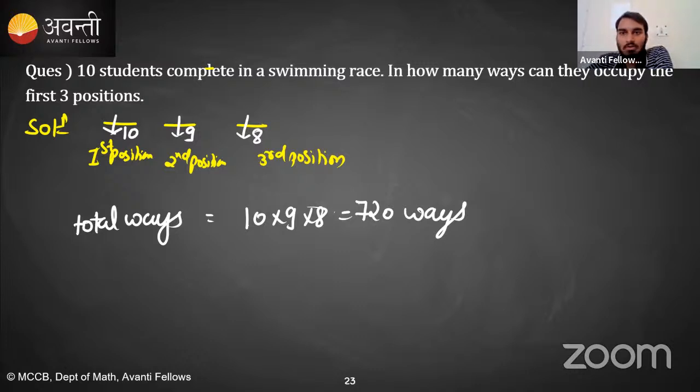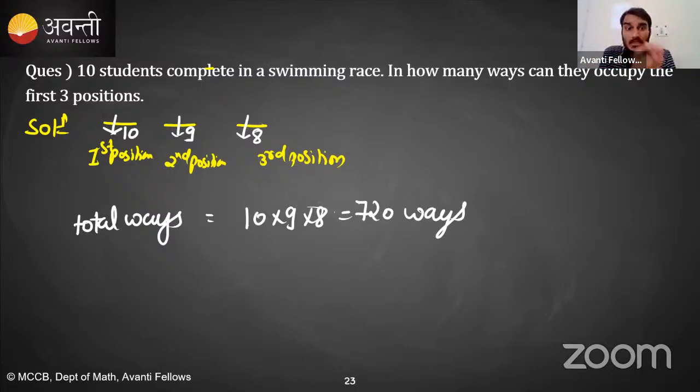So now you are getting the hang of the idea, right? How the counting is actually happening. Are you getting the feeling of the counting, like how you are counting these things? So always stick to your basic fundamental. The first place can happen in this number of ways.